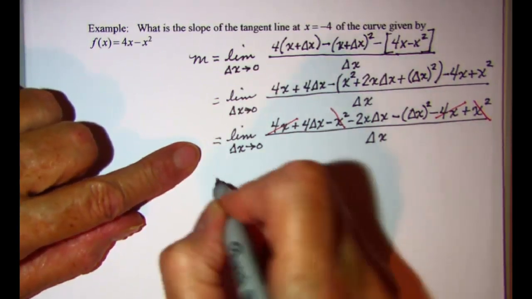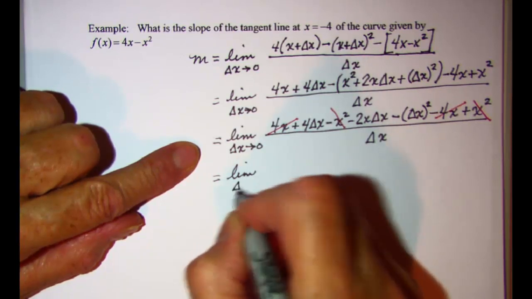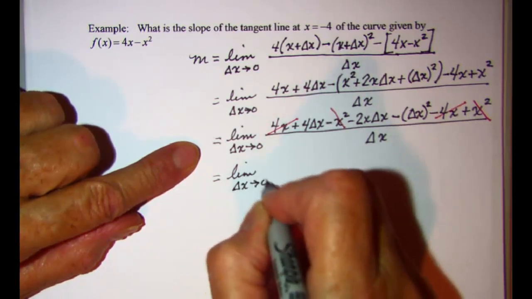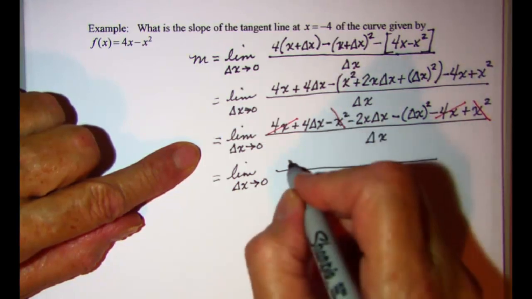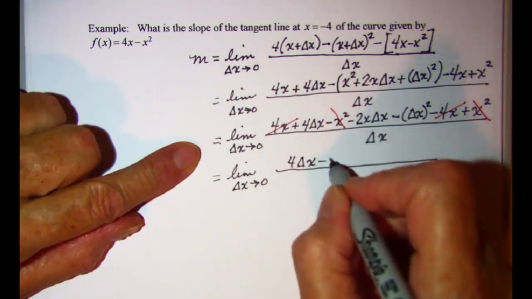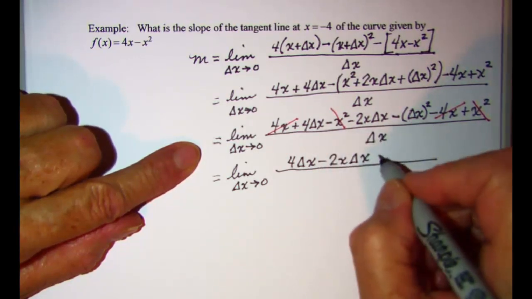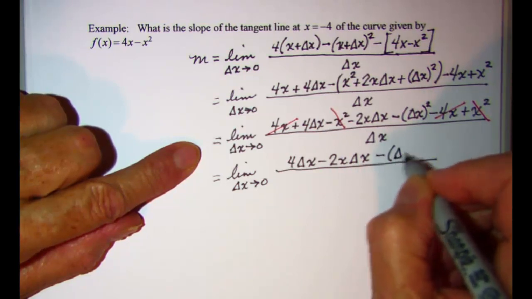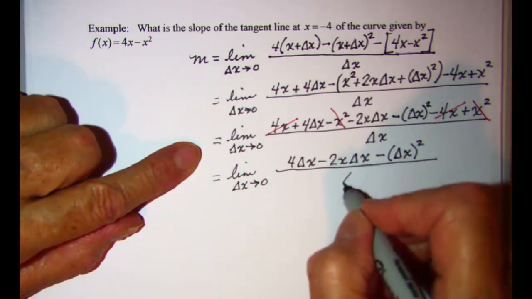So we have the limit as delta x approaches 0 of 4 delta x minus 2x delta x minus delta x squared, and then everything else is gone, over delta x.